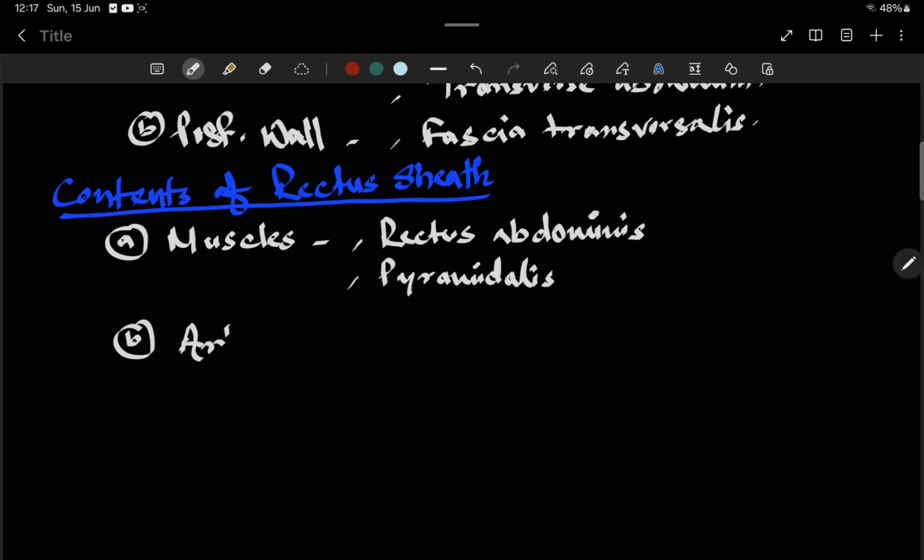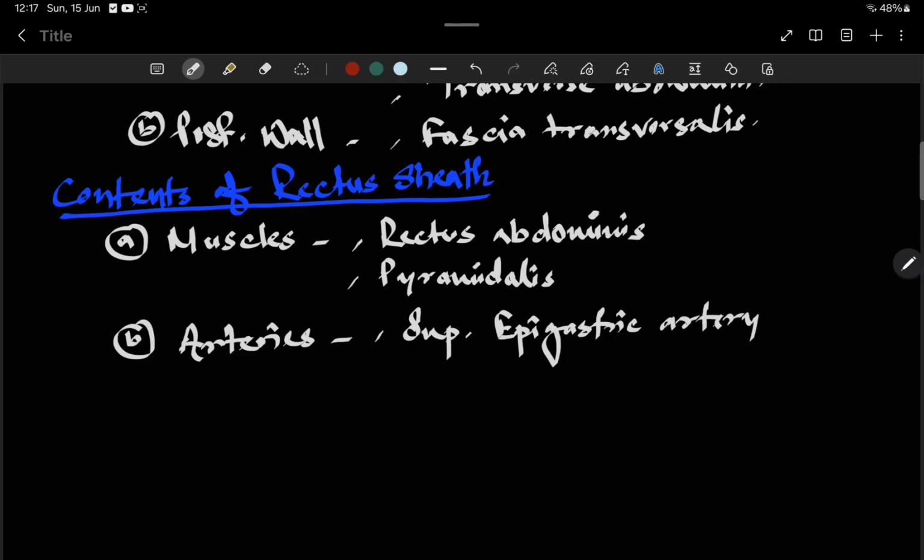Next are the arteries: the superior epigastric artery and the inferior epigastric artery.